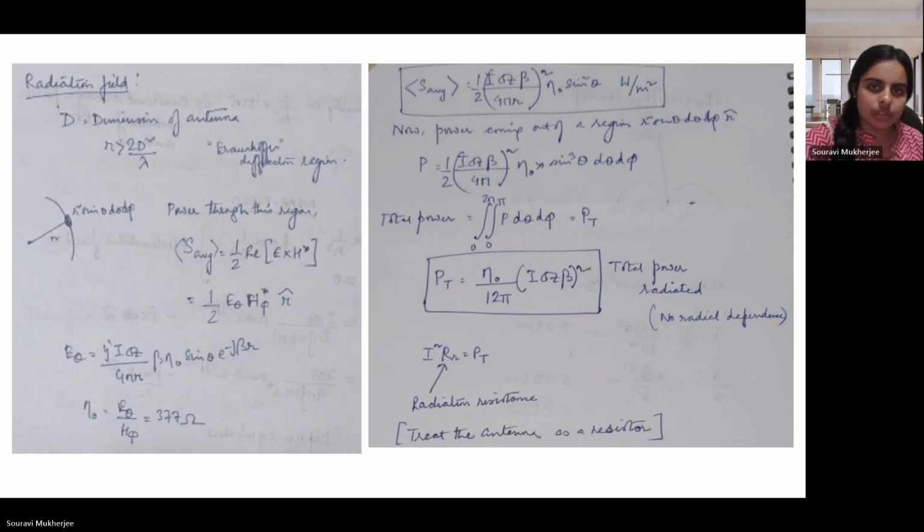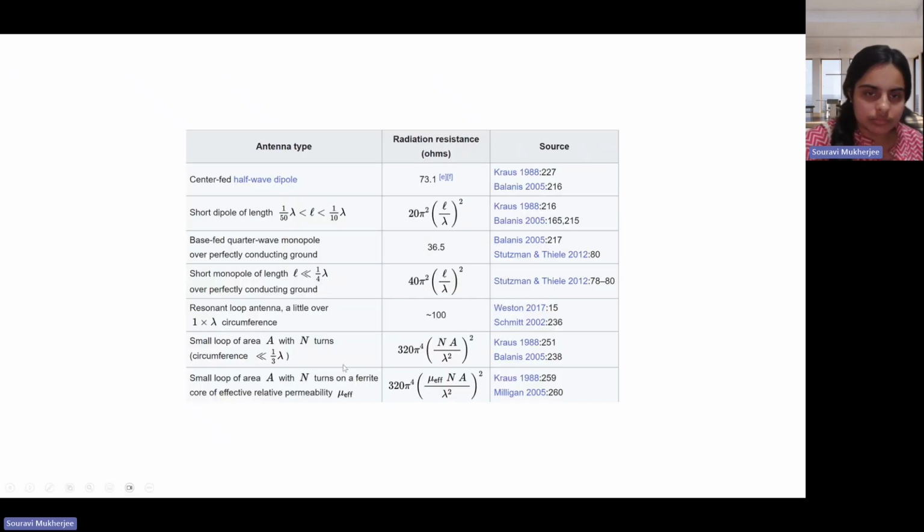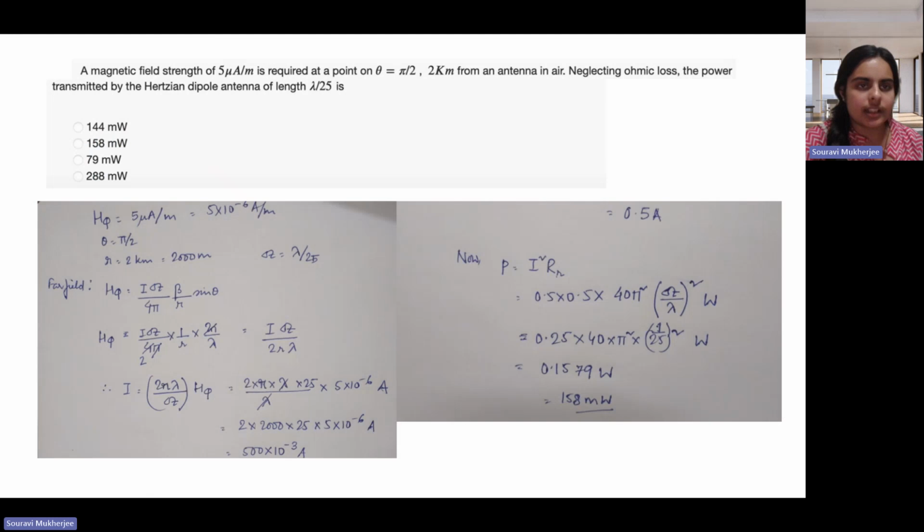Now there are standard expressions for radiation resistances depending on the dimensions of your antenna. So you can use these relations in your questions or while you are solving your problems.